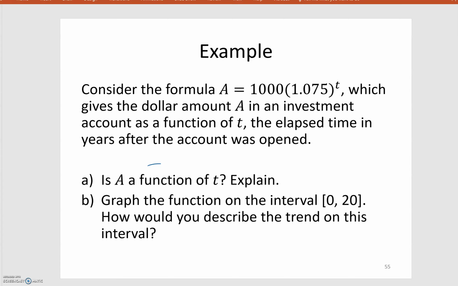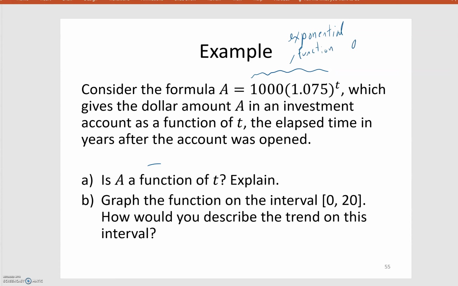This is our first example. What makes it an exponential is when you have anything of this form, a times b to the t power, or x power. Okay, so this is the exponent. And what that means mathematically is when you have a number raised to a power like this, in this case that's 1.075.